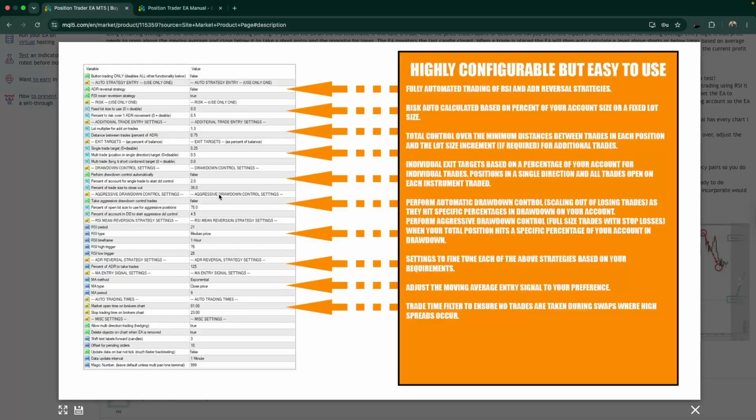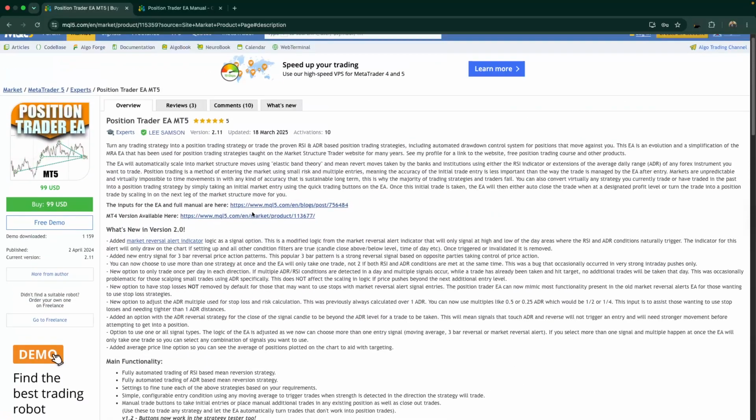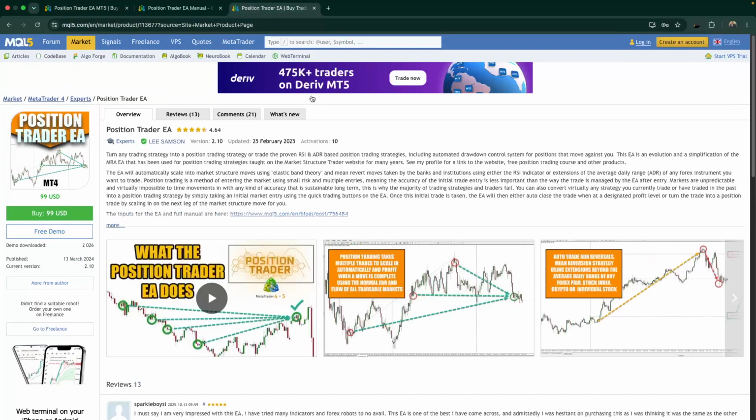As we can see, these are the settings, the default settings from the developer himself. And the MetaTrader 4 version is right here, but it's basically the same thing, $99.